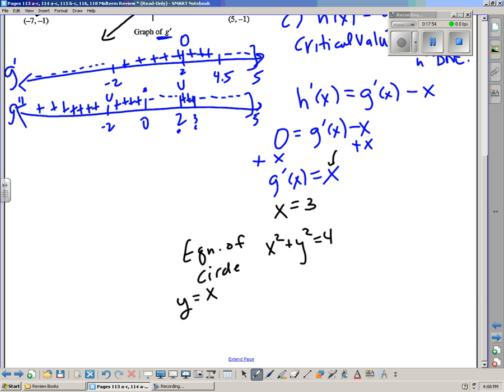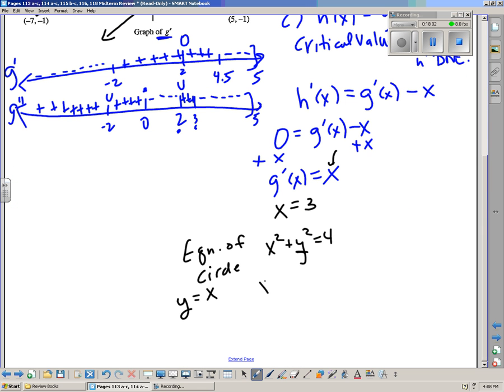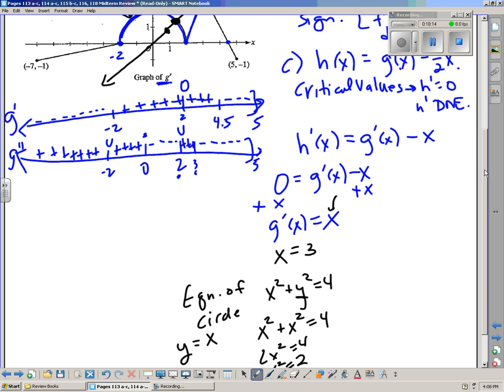So wherever I see a y, I'm going to put an x because we want to get the intersection of the circle with the line. So that would happen x squared plus x squared equals 4. And solving this equation, 2x squared is 4. Divide by 2, x squared is 2. And x would normally be plus or minus 2, but plus or minus square root of 2.